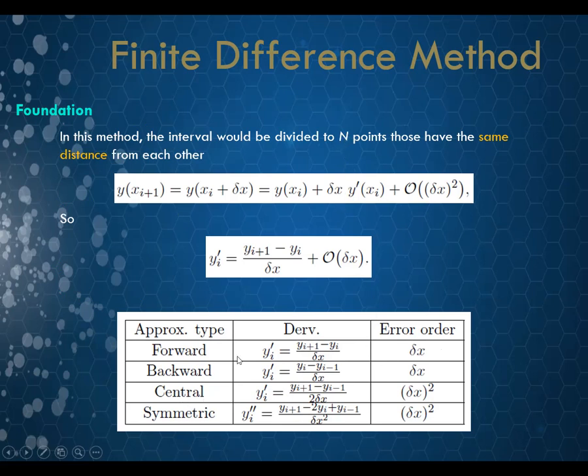And if you truncate some other terms here, you can find the first derivative based on the value of y at the next point and at the previous point over 2 delta x, and the error order decreases to delta x squared. In this order, you can also find the second derivative at this point with the same error order.